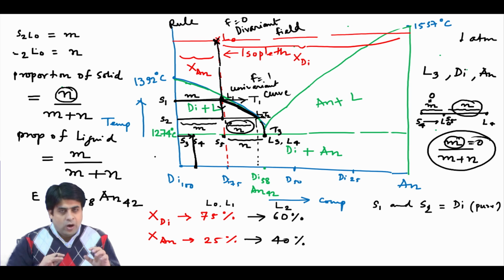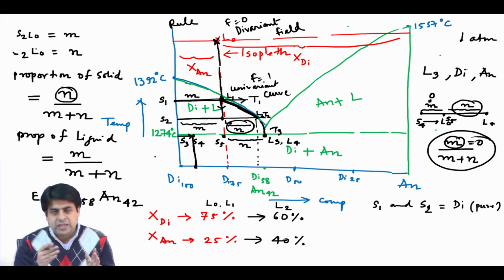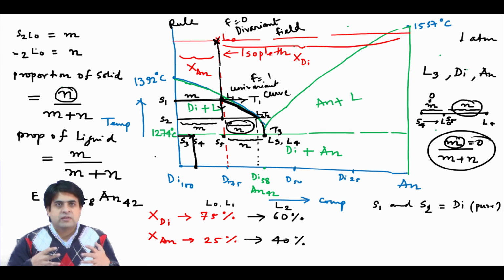So, how our solid composition and liquid composition change in the case of equilibrium crystallization. Okay. We will also try to understand what will happen in the case of fractional crystallization, and when we have a rock and we melt that rock, what will happen in the case of equilibrium melting. Okay. So, these 3 examples we will try to cover in the next lecture.